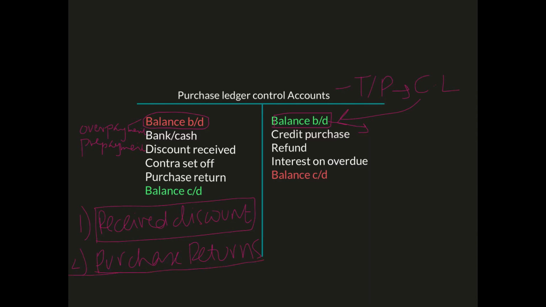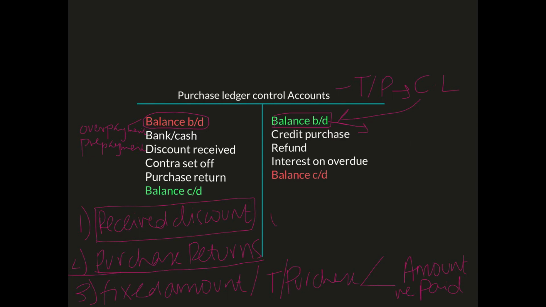Or if we pay a fixed amount every month and the total purchases which we made in this month are less than the amount we paid, in that case our suppliers will owe to us.